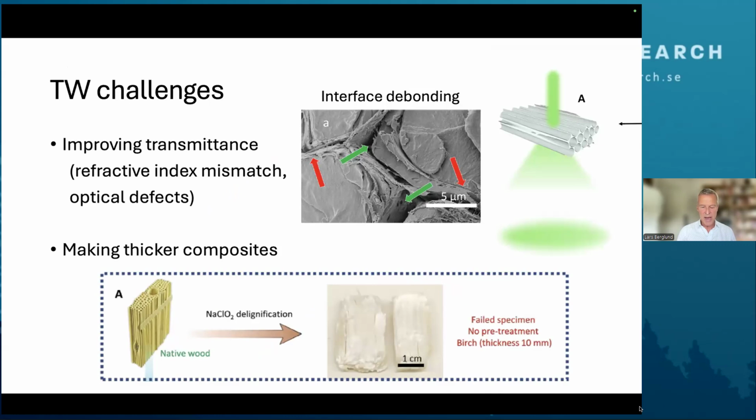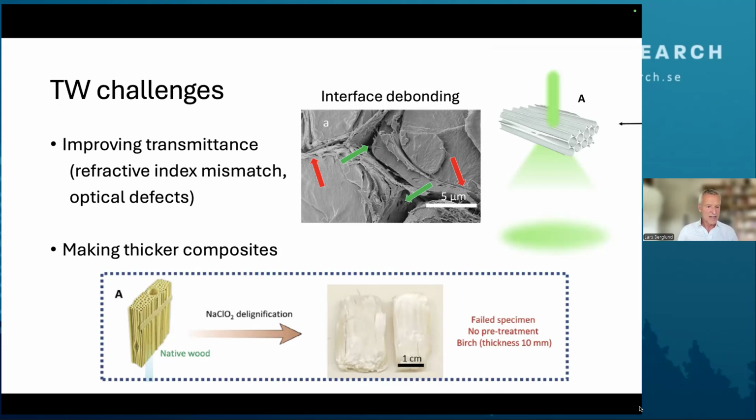Refractive index mismatch. This is a difficult issue because cellulose is birefringent, so it has two different refractive indices depending on which direction you measure in. And also fabrication defects will scatter light. So it's an example in the micrograph. You see interface debonding, which will increase scattering.